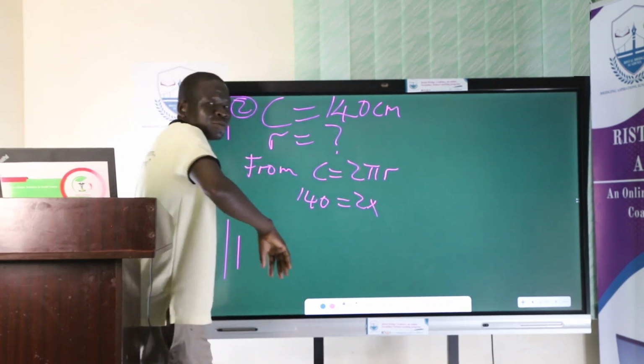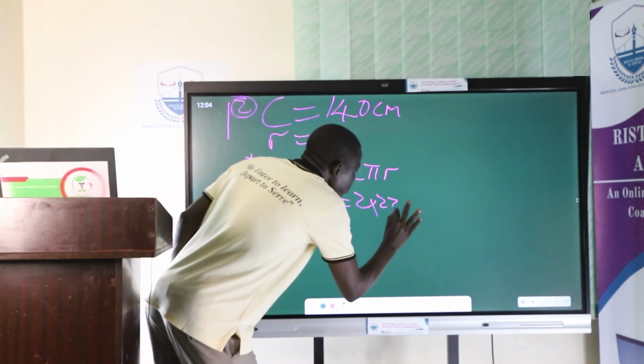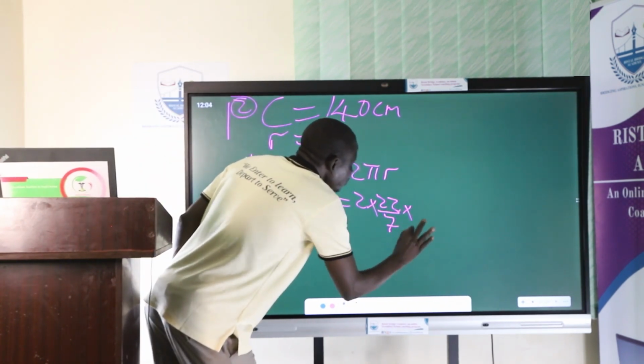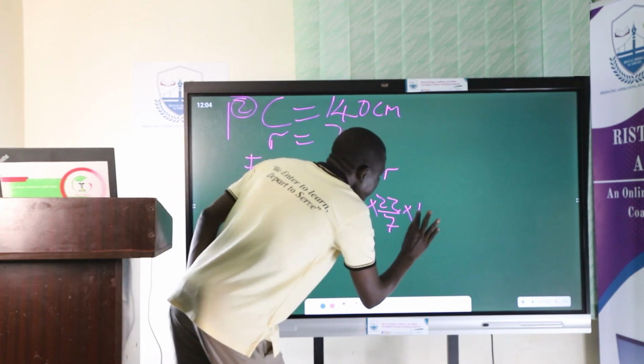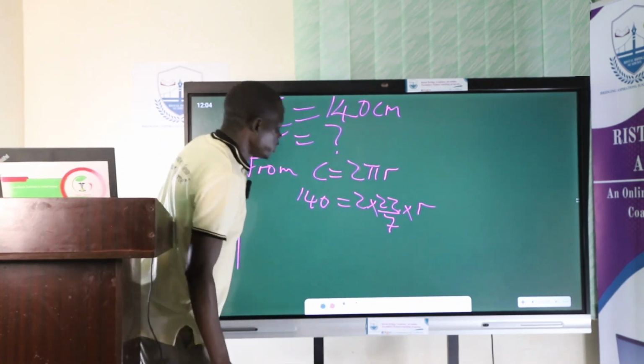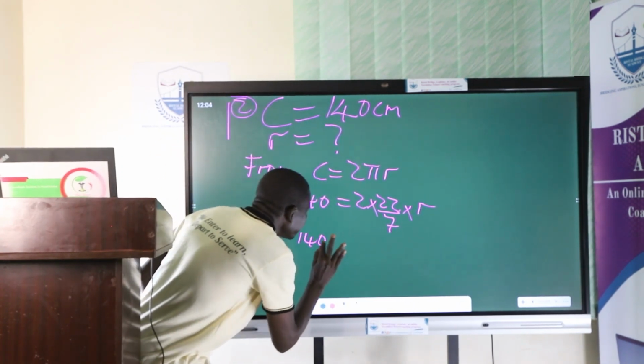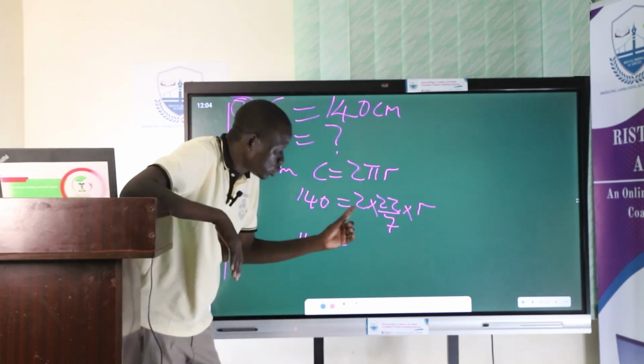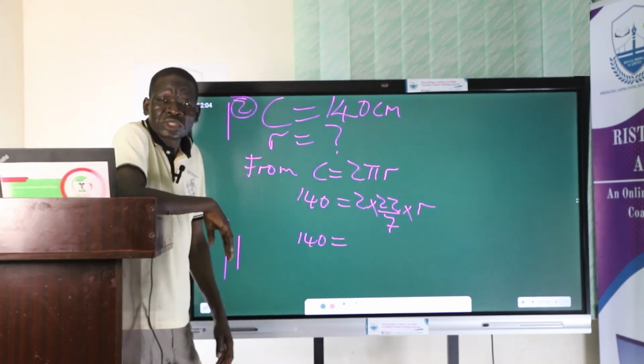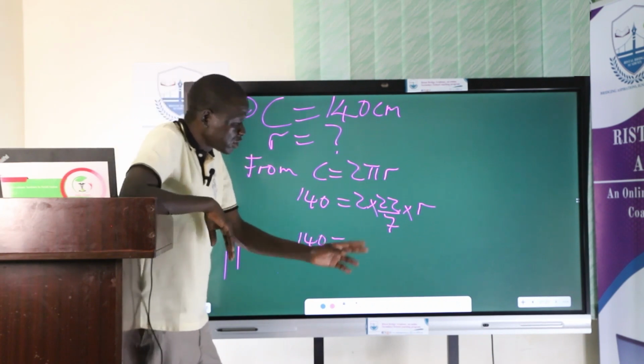So in this case, 140 will equal 2 times 22 is 44, then times r, you get 44r all over 7. I will multiply here by 7, and this side by 7.